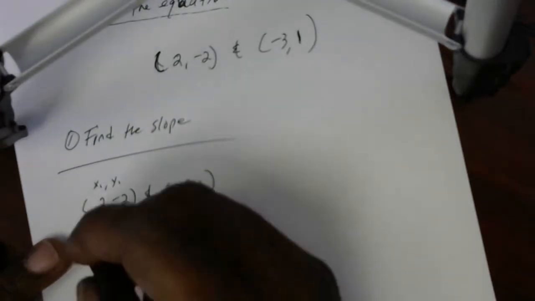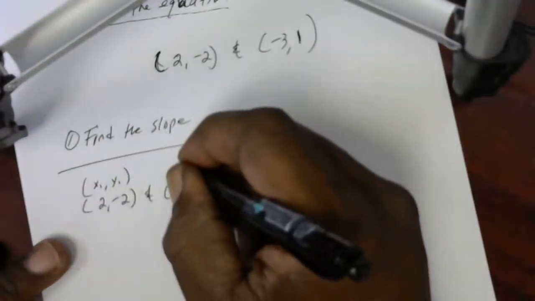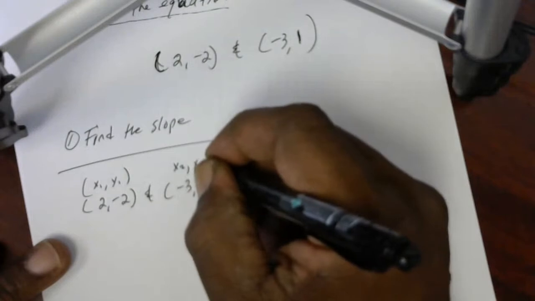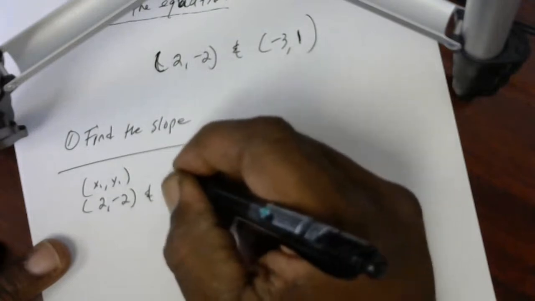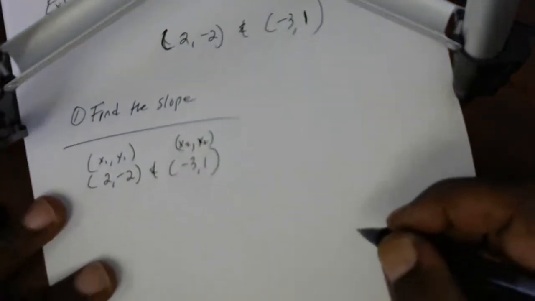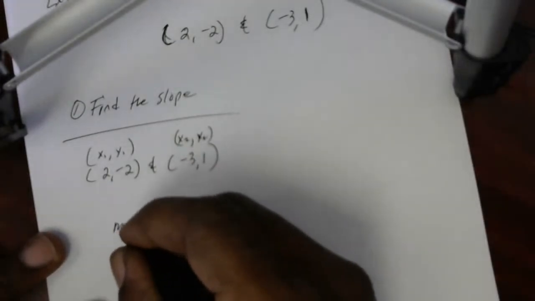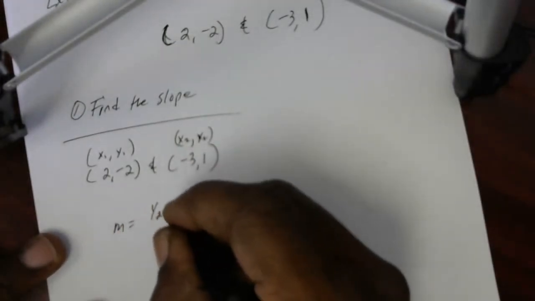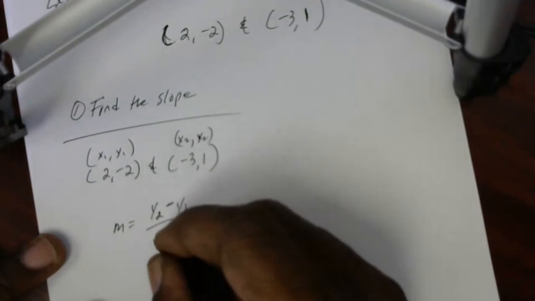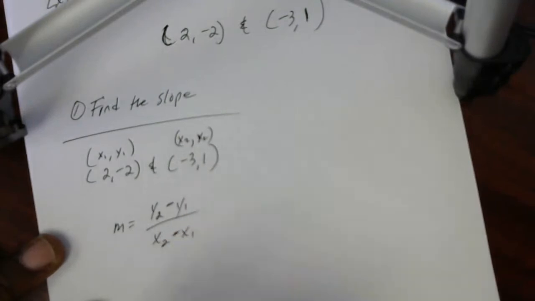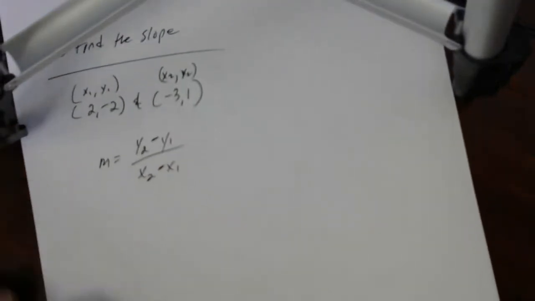I'm going to label the second coordinate y sub 1. And in that second ordered pair, x sub 2 and y sub 2. So the formula for the slope is y sub 2 minus y sub 1 over x sub 2 minus x sub 1.